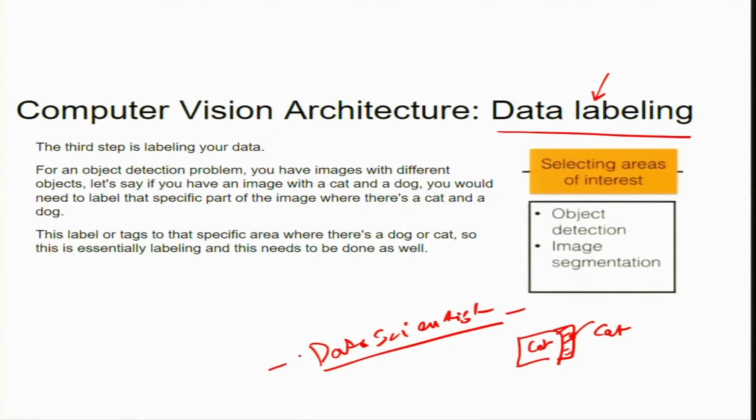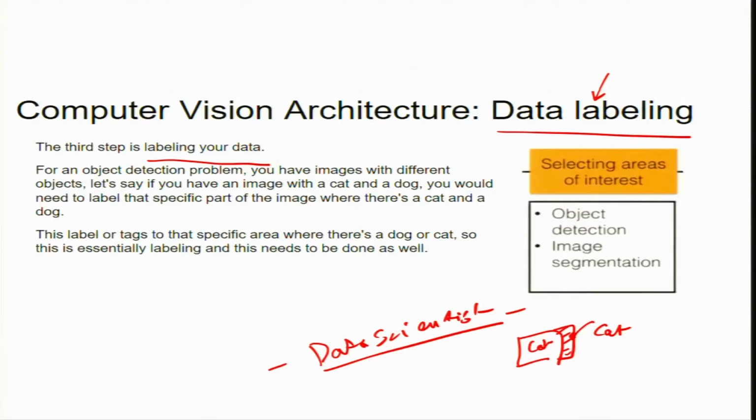You require a domain expert to see the image and tell. Similarly, the data scientist is also required to decide the minimum number of images needed to train the model. These are the different things which are called labeling your data.